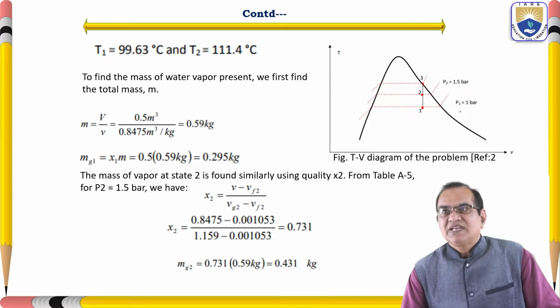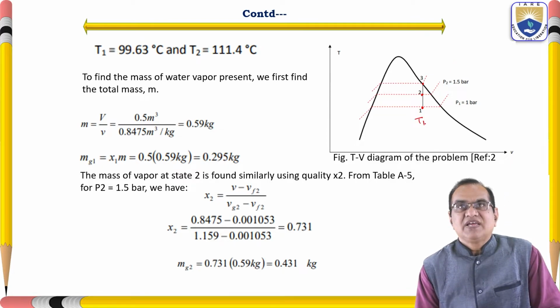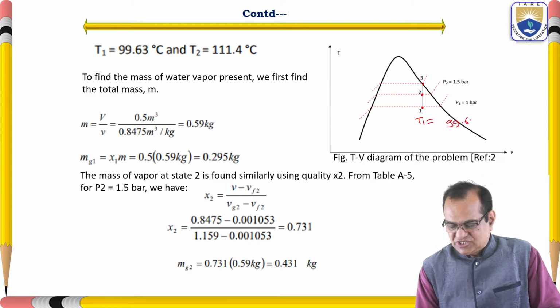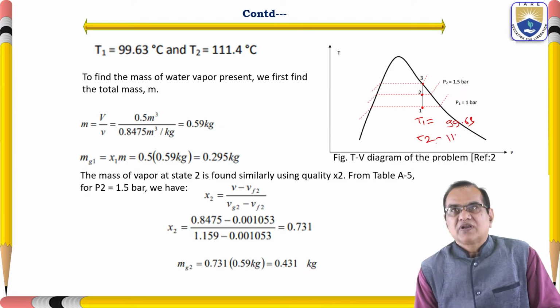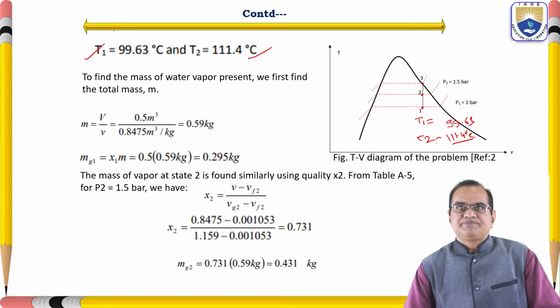Here P1 is equal to 1 bar and P2 is equal to 1.5 bar, and state 3 is not here, so we have to extend this at constant volume. From the steam table we get T1 as 99.63 and T2 as 111.4 degrees centigrade. So these two values we have got.